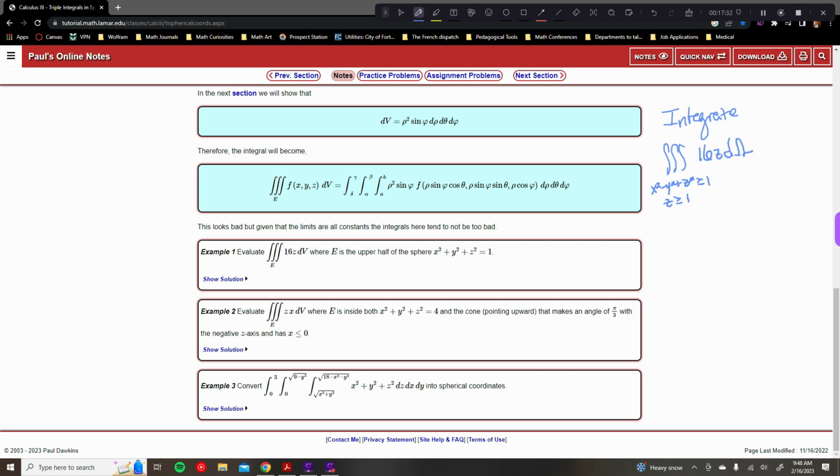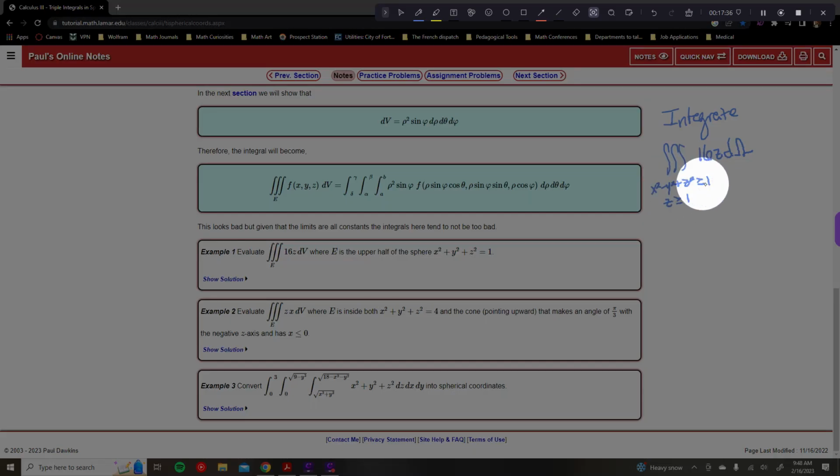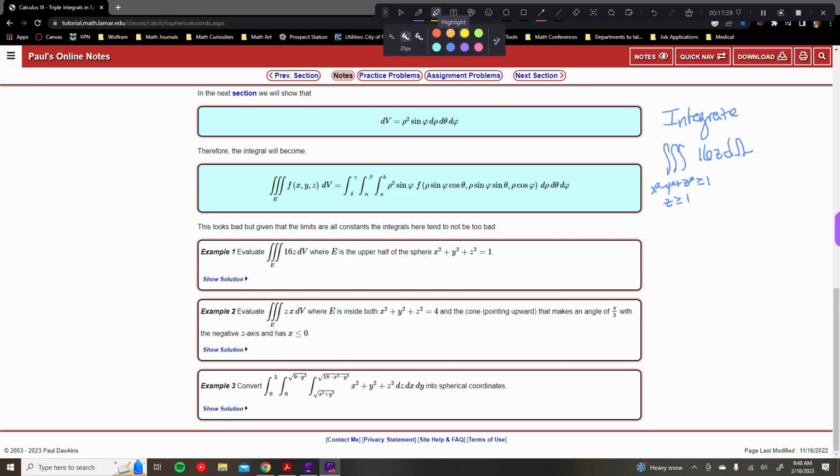Now I need to convert this into spherical coordinates. So this first part, greater than or equal to 1, is really useful for me. I can think about that in spherical coordinates as saying that my radius is going between 0 and 1. And I can think about the upper half, z greater than or equal to 1. Okay, so z greater than or equal to 1 corresponds to phi, which, recall, is the angle from the z axis, and I would do a quarter rotation.